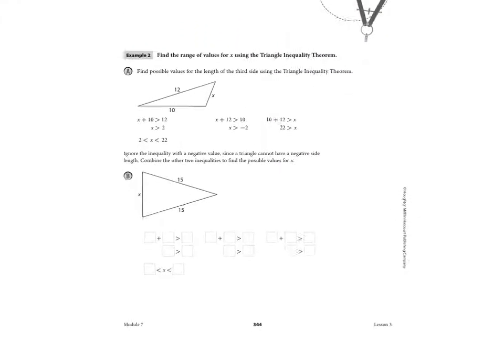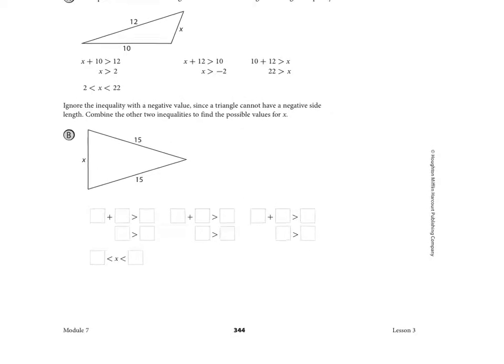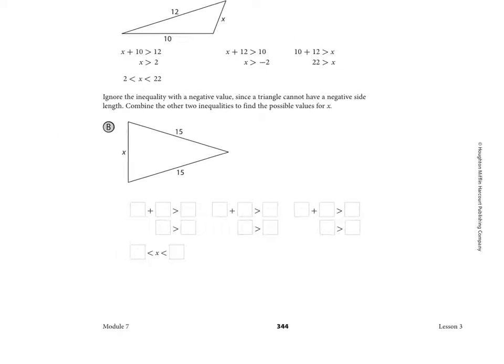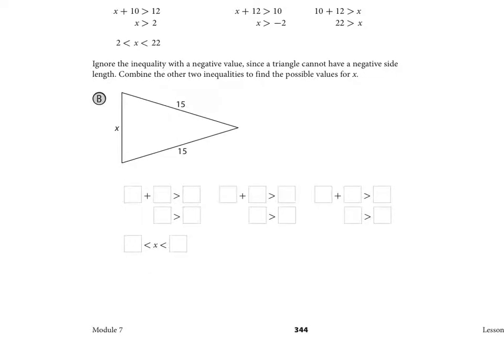Okay, so if we look down here at B, we're going to find what values we can use for that side, okay? So we're going to have to do all of these in this case. So I'm going to say x plus 15 has to be greater than 15. And of course, x plus 15 has to be greater than 15 for the other side, but we don't really need to do that one.